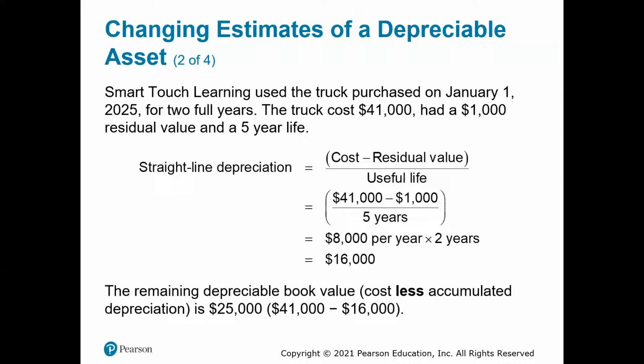The straight line depreciation for 2 years is $41,000 minus $1,000 divided by 5 years, equal to $8,000 per year, times 2 years, which will be $16,000. So the remaining depreciable book value, that is the cost less accumulated depreciation, is $25,000. That is the $41,000 minus $16,000.